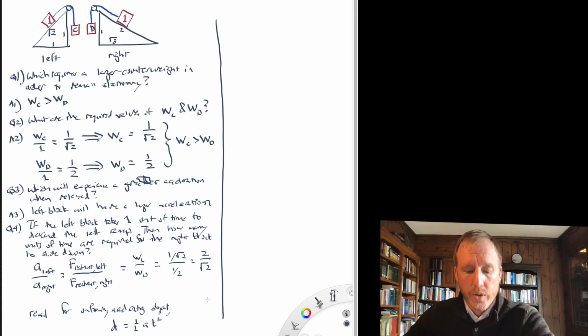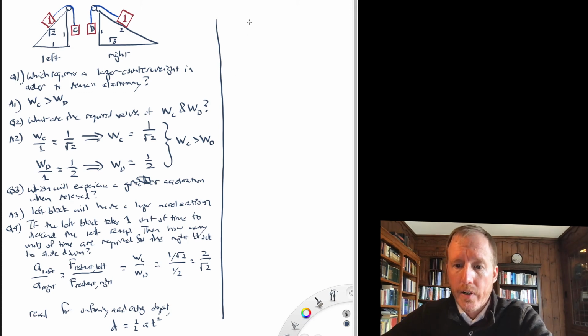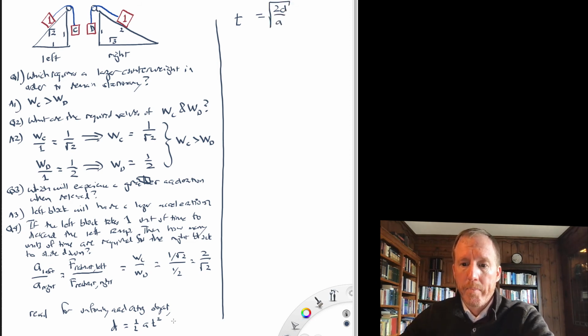Now that is going to give us a strategy for figuring out how much time it takes the right block to slide down. If we invert this formula, we can solve for the time in terms of the distance and the acceleration. So if I invert that formula, I will get that the time is equal to the square root of 2 times distance over a. I've simply inverted this formula to get this formula.